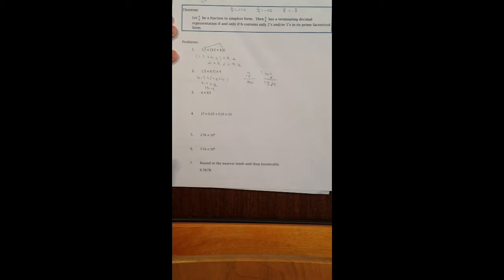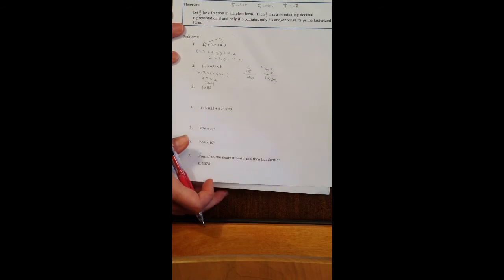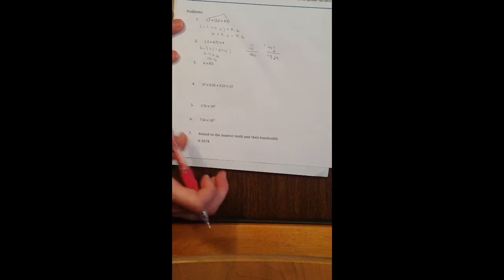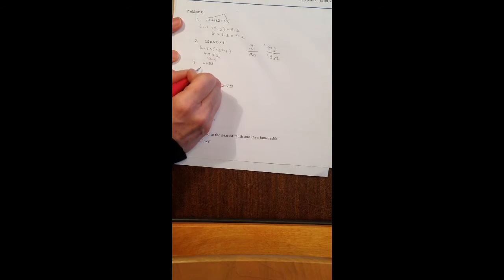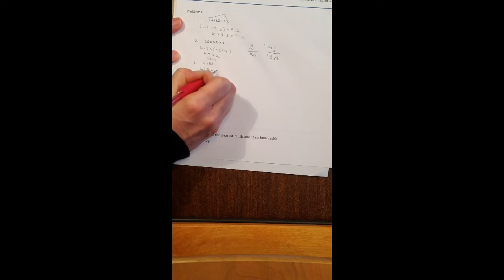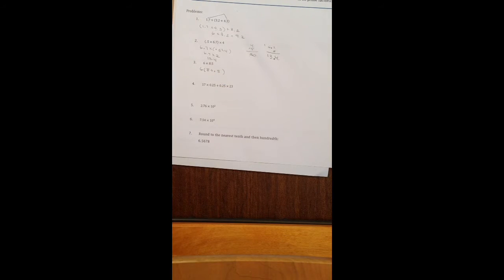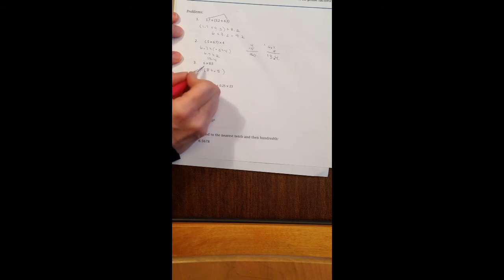Taking 6 times 8.5, there's another way you can think about it, and it has to do with the distributive property. You can think about 8.5 as 8 and 5/10, 8 plus 5/10. And then if you distribute here, you'll get 48. And distribute here, a half of 6 is 3.